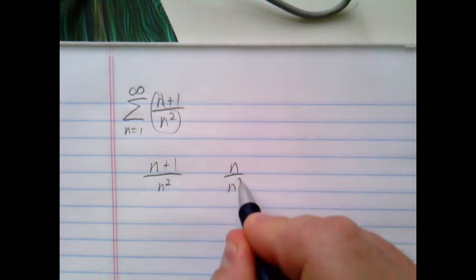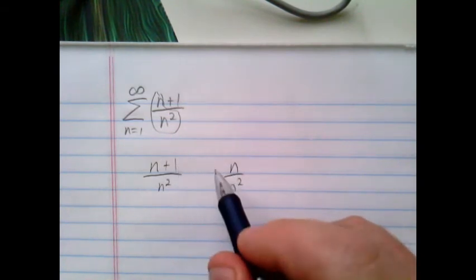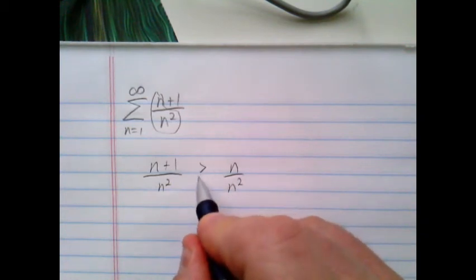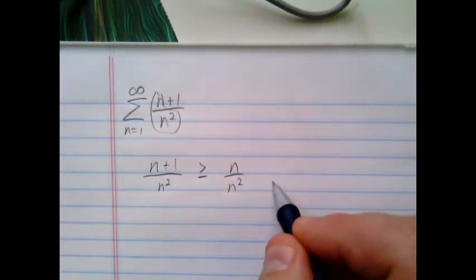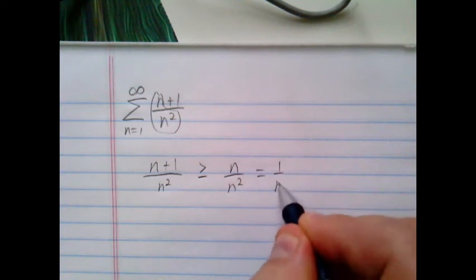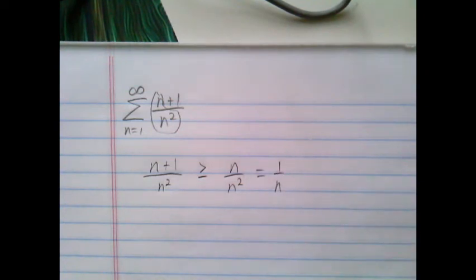and I'm going to try to make changes to it that make it smaller. So if I drop plus 1 out of the numerator, that makes the numerator smaller, that makes the fraction smaller. But then n over n squared is of course the same thing as 1 over n, and 1 over n is the nth term of a divergent p-series.